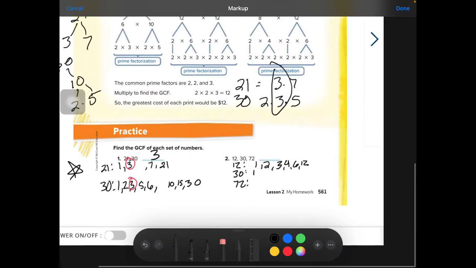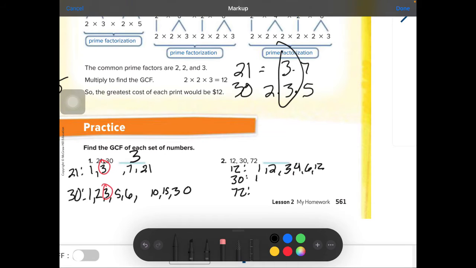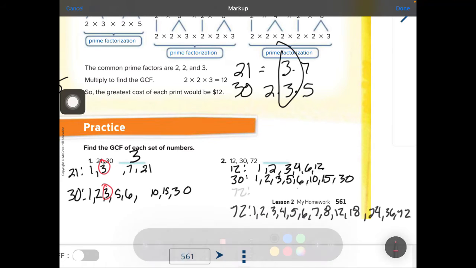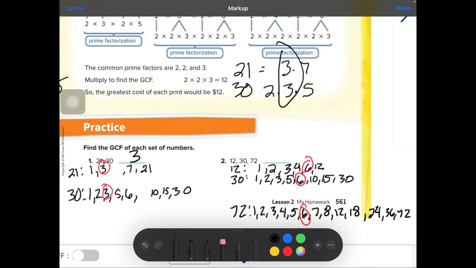There we go. 30, we just did 30 over here, so we can borrow those numbers for this. Here's the factored lineup for 12, 30, and 72. As you can see, the number that is similar through all these friends is 6.